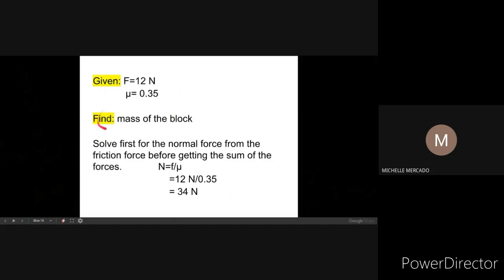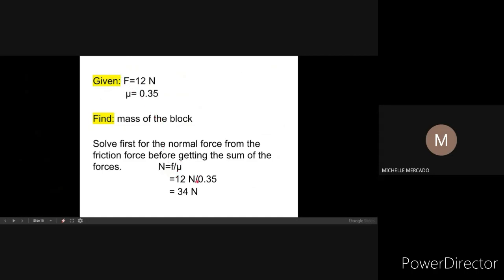So to get the mass of the box, first we're going to solve the normal force. First, we're going to solve the normal force from the friction force before getting the sum of the forces. So normal force is equal to frictional force divided by the coefficient.